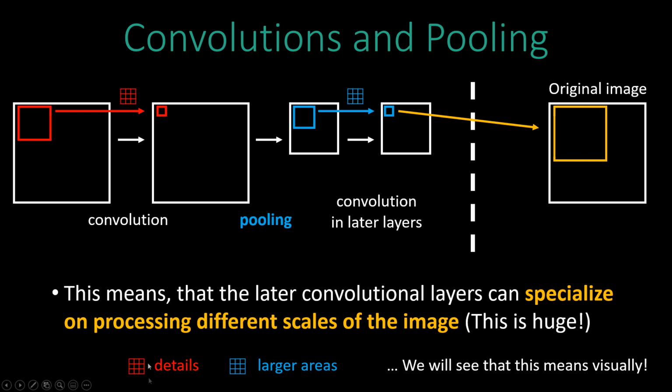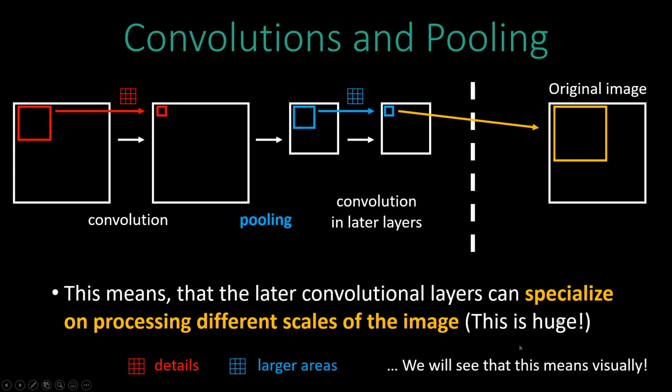While this one is focused on 3 by 3 regions, which is maybe focused on details, these later ones, and this can mean one operation later, or many convolutions and poolings later, can focus on larger areas. So focus on concepts rather than details. For example, you would have some edge detectors here maybe, and here you could have some much larger concept detectors.